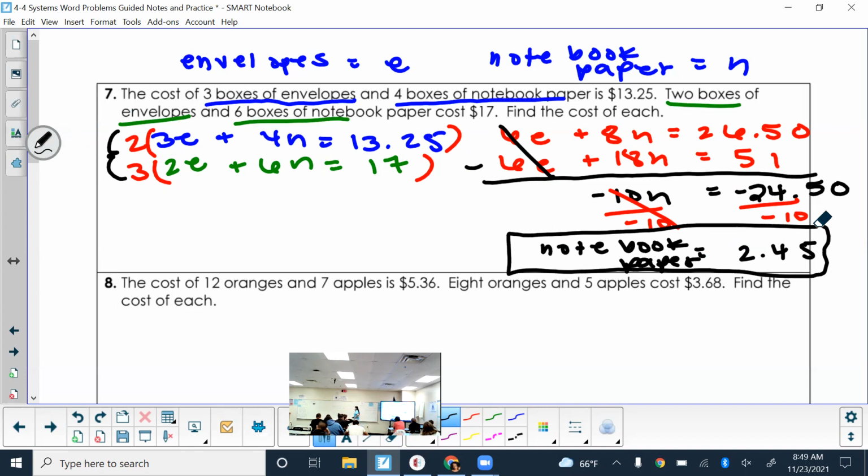Maybe it only wants to know the cost of the envelopes. So how would we find the cost of the envelopes? We would plug it back into one of the original equations and solve for E. That's what envelopes is, E. So which one do you want to plug it into?